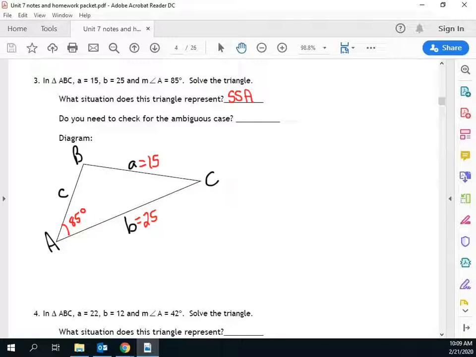If you go around the triangle, this represents side, side, A. All right? Need to check for ambiguous case? Yes, you do. So what I would do now, knowing the information I was just told in this video, is take B times the sine of A and see what I get. 25 times the sine of 85.